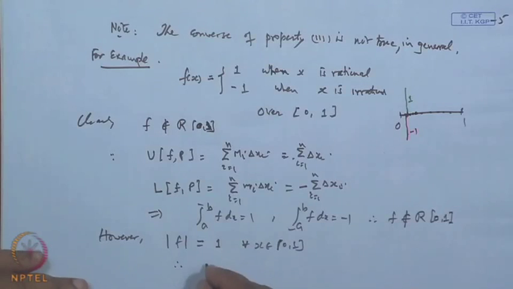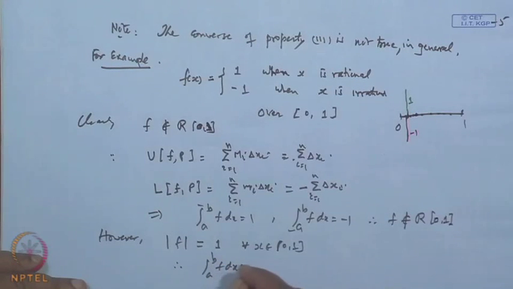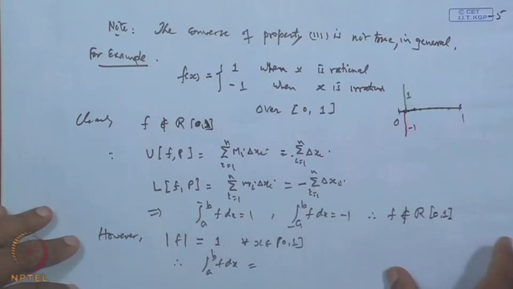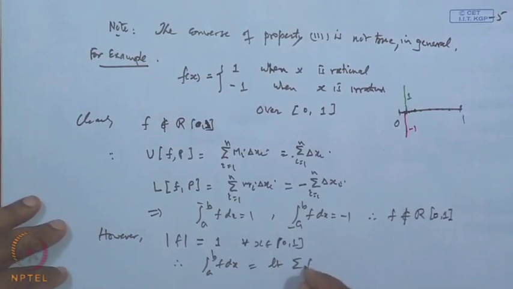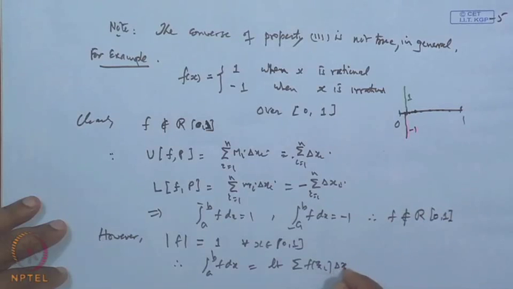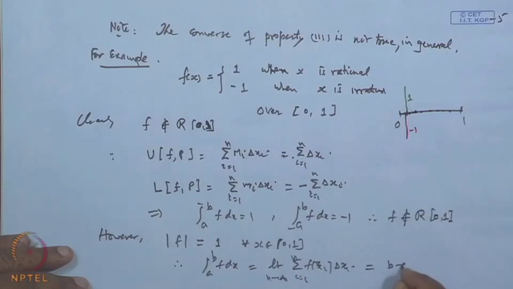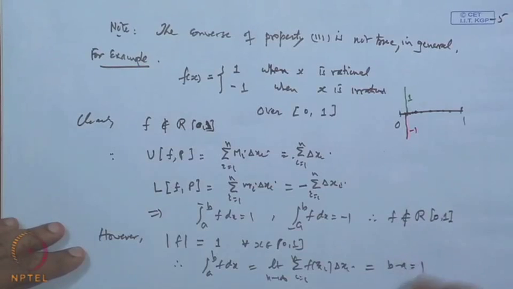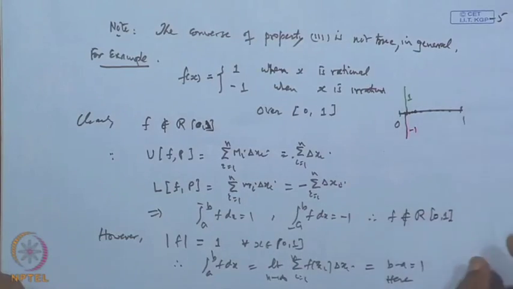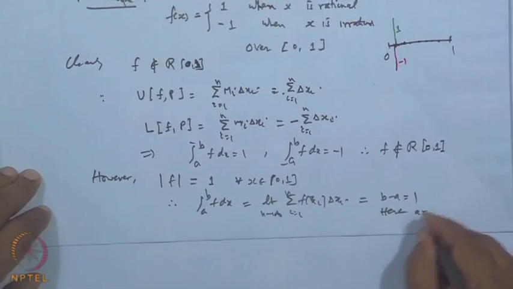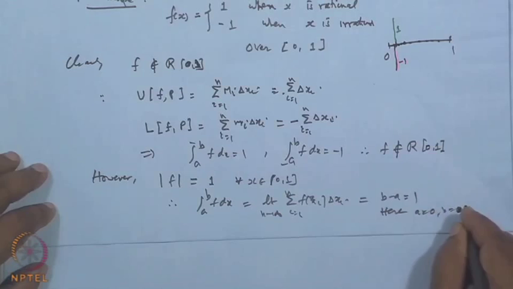Therefore, the Riemann integral from a to b of mod f dx, which is the limit of the sum of mod f of xi delta xi as n tends to infinity, is nothing but b minus a, and here a is 0, b is 1, so it is 1.